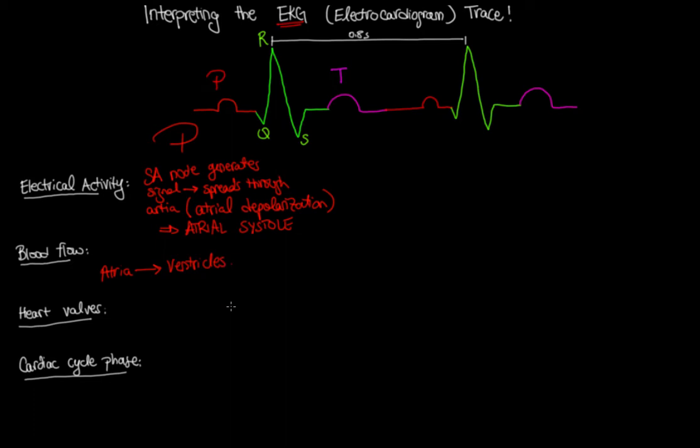I do want to mention though that when the atria contract, they are actually pushing the final third of blood into the ventricles. And this is because blood is always filling the ventricles from the atria during this time. And it's the atrial contraction or the atrial systole that pushes the last 1/3 of blood volume into the ventricles.